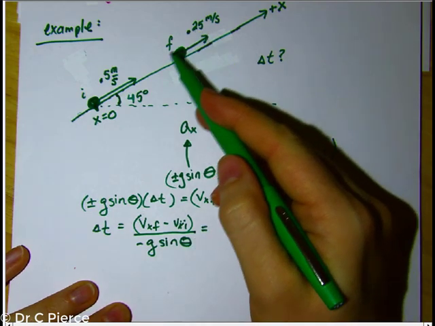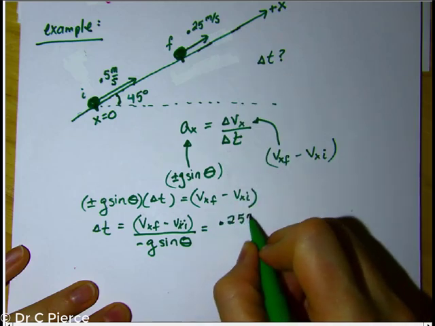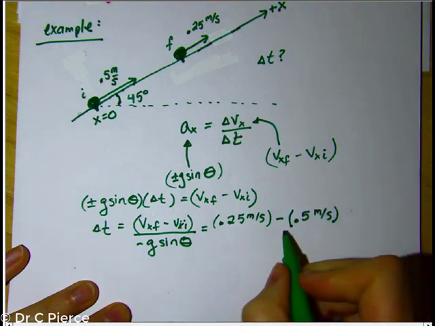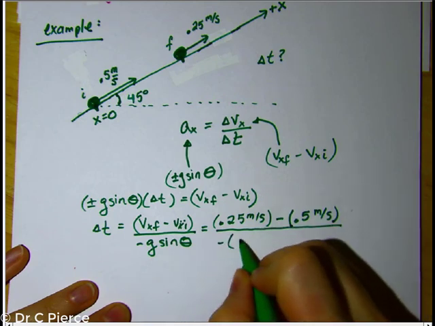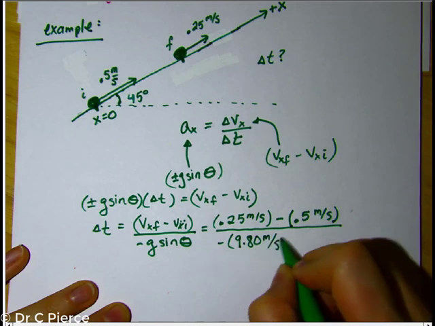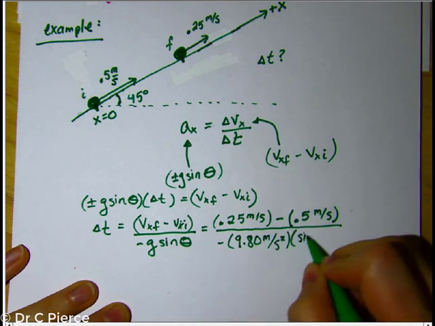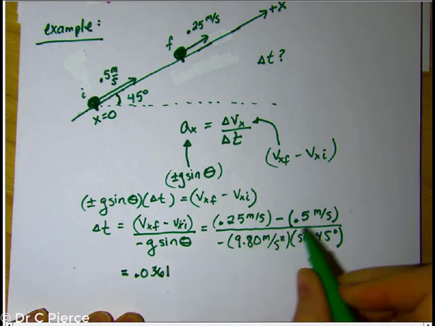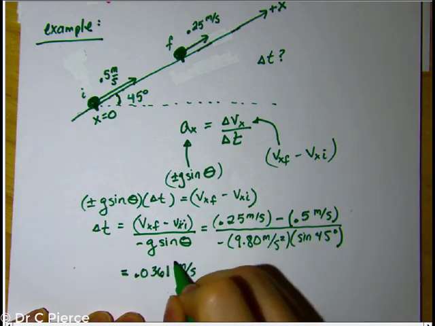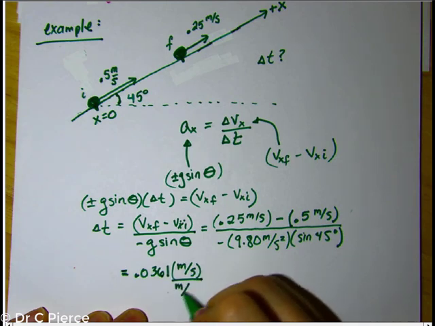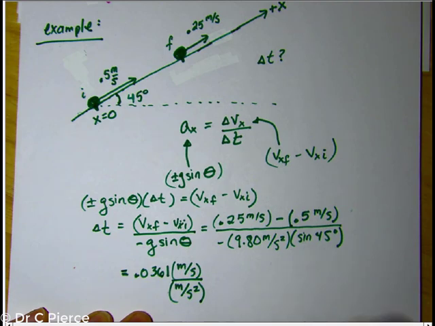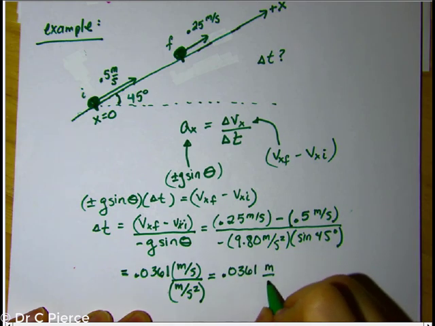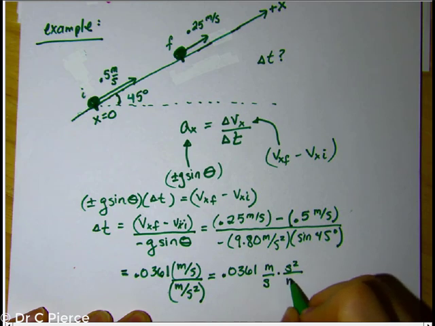Vxf, the final velocity along the x direction, was 0.25 meters per second, minus Vxi, divided by negative G. All right, which gives me 0.0361, and the units would be meters per second from the numerator divided by meters per second squared in the denominator, but that's a fraction divided by a fraction, so let me invert this one and multiply it. 0.0361 meters per second times second squared per meter.